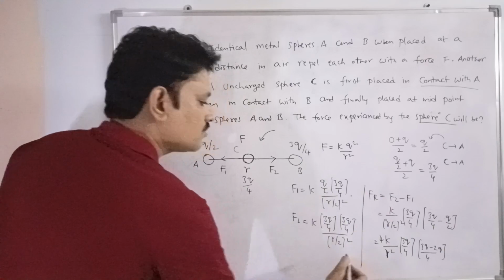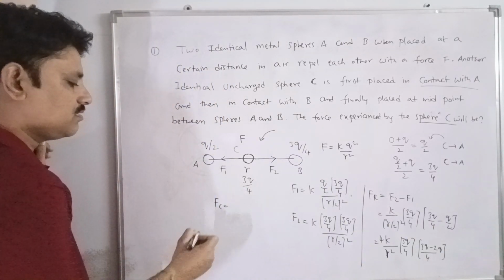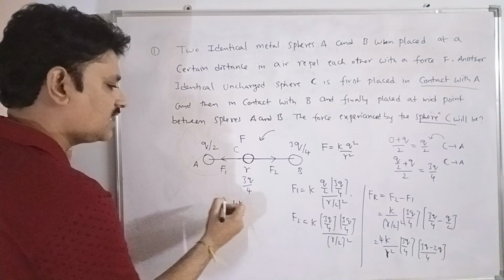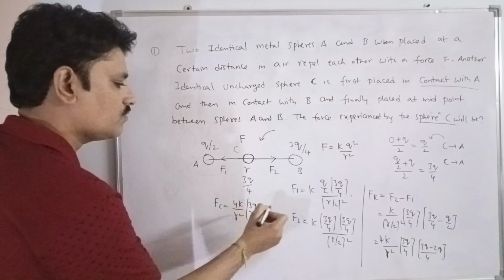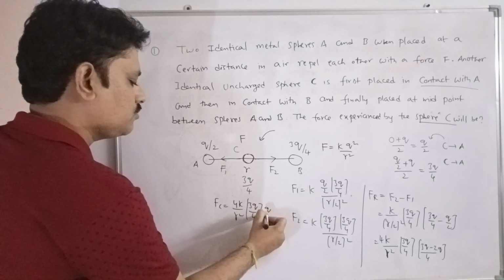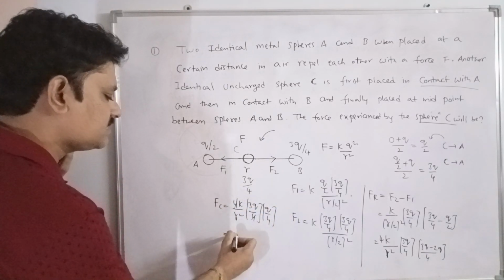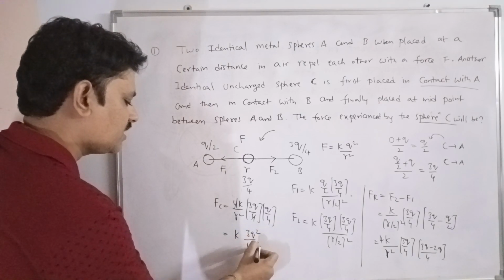Finally the resultant force acting on C is 4K by r square into 3q by 4 into 3q minus 2q, that is q by 4. So finally 4 and 4 both are cancelled here, and we get K into 3q square by 4r square.